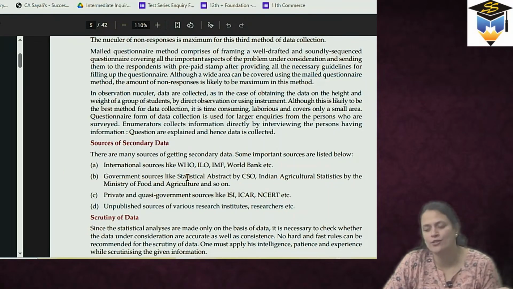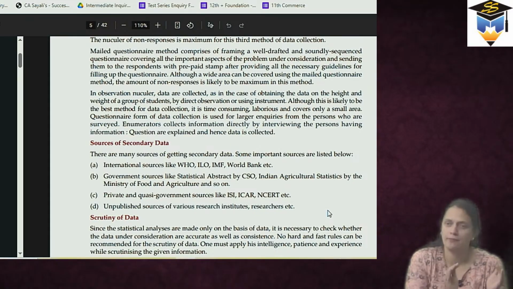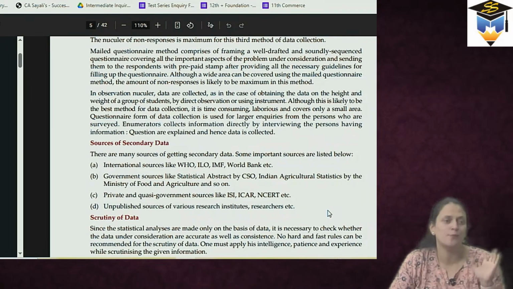Second are government sources like Statistical Abstract by CSO, Indian Agriculture Statistics by Ministry of Food and Agriculture, private and quasi-government sources like ISI, ICAR and NCERT, unpublished sources of various research institutes, researchers. So what do researchers do? They collect primary data. Based upon primary data, they use statistics, economics, start their analysis, and then they form a certain response.